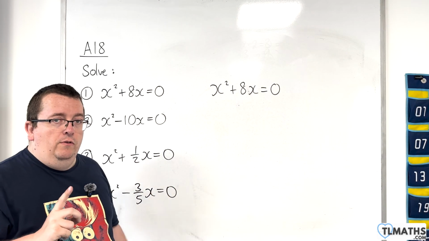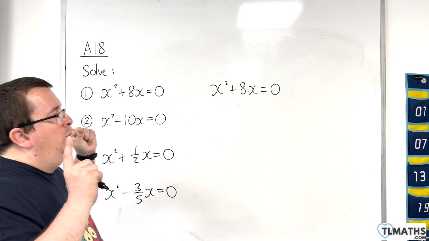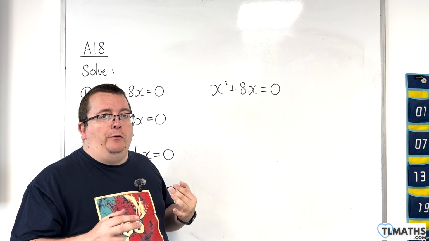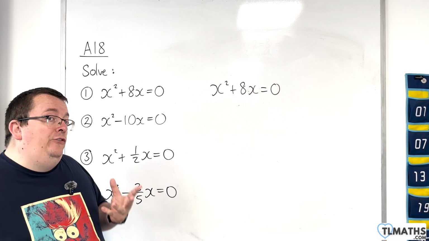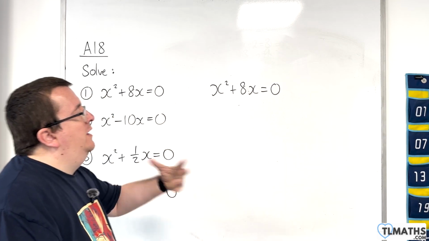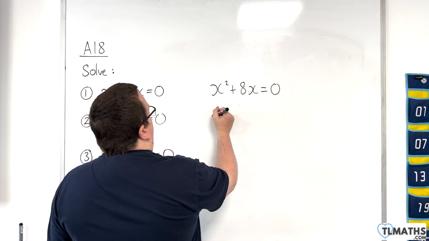So let's go through this example so you can see how it's going to work. If you have spotted, oh, both terms have an x involved, so I can do something with the x, that is good, because both of these terms have an x involved. So that means we can factor the x out of a single bracket.